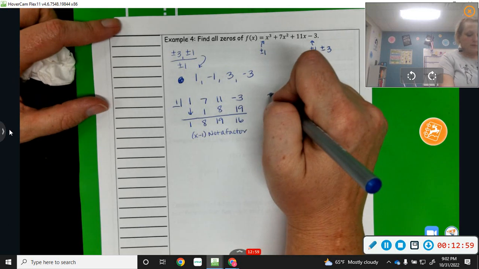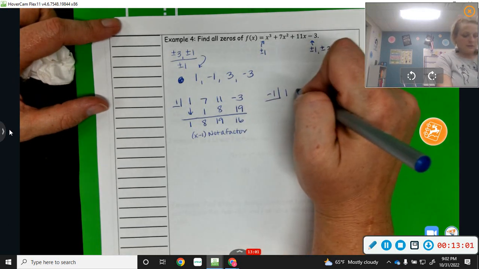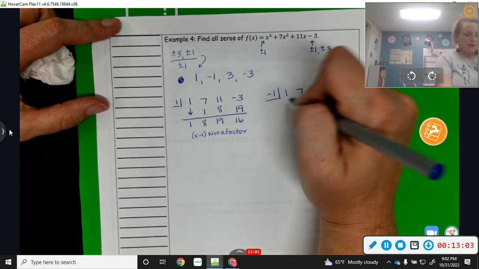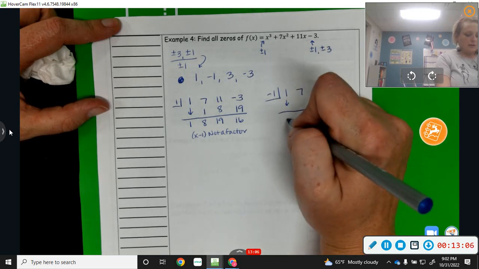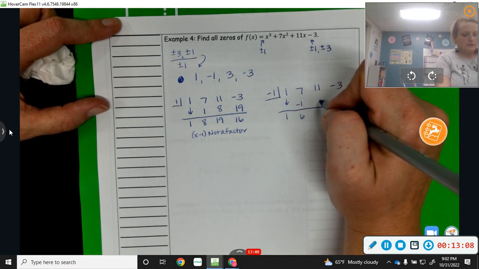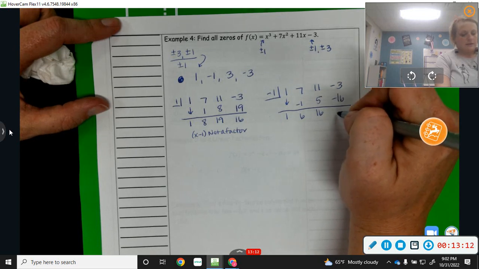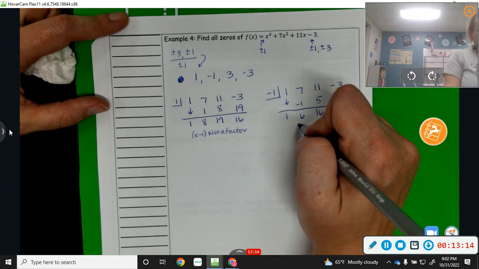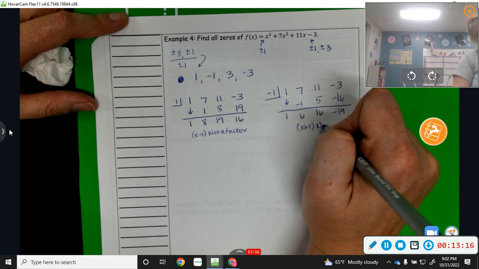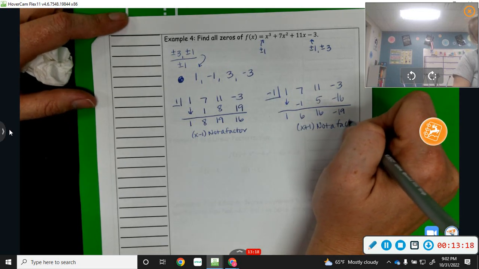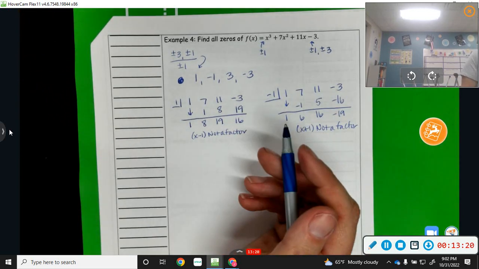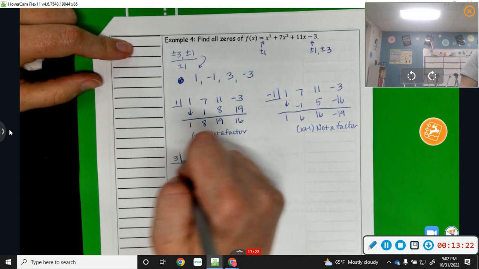We got negative 1, 1, 7, 11, negative 3, negative 1, 6, 5, 16, negative 16, negative 19. X plus 1, not a factor. And we're super fast at this. We can just keep rolling through.